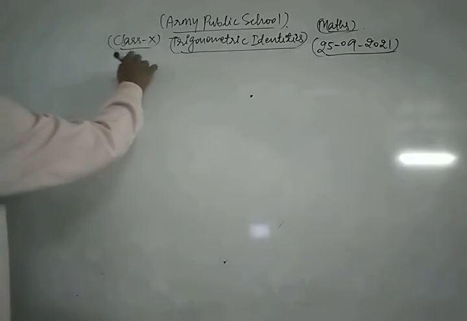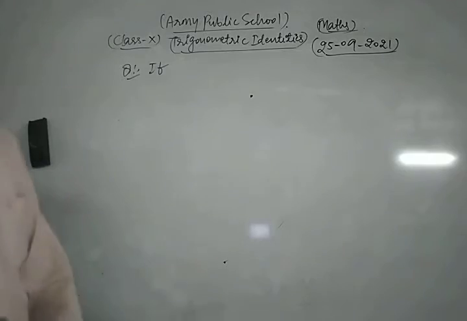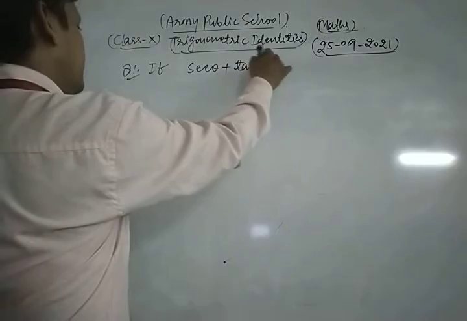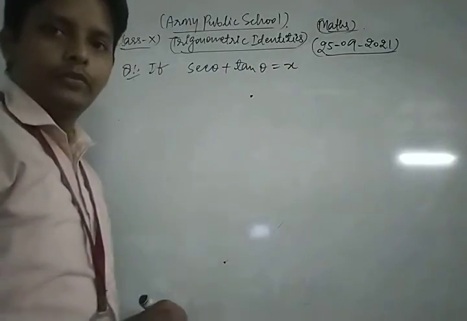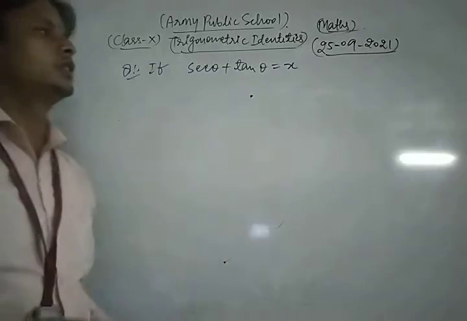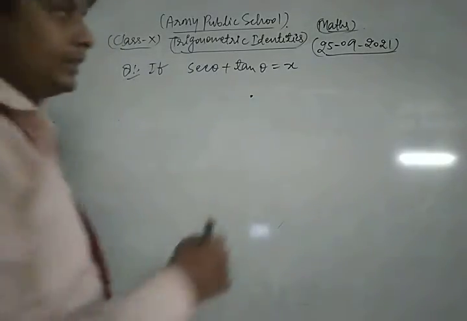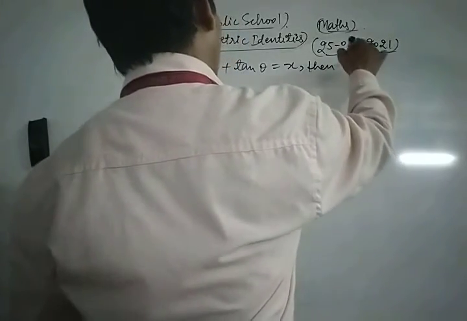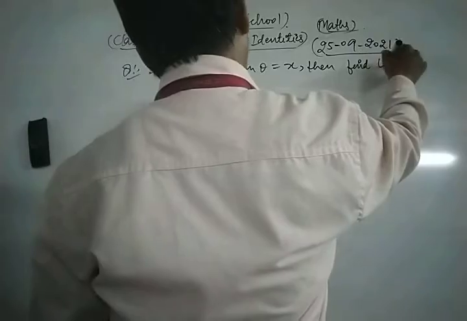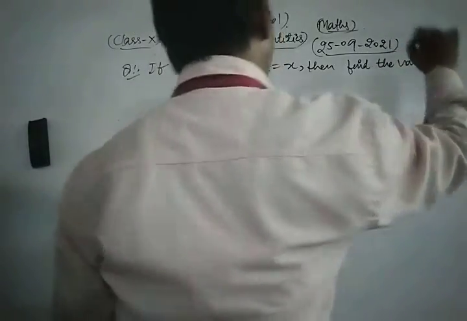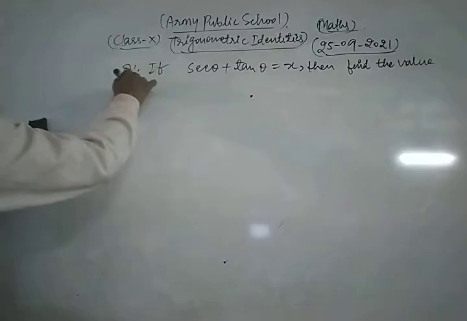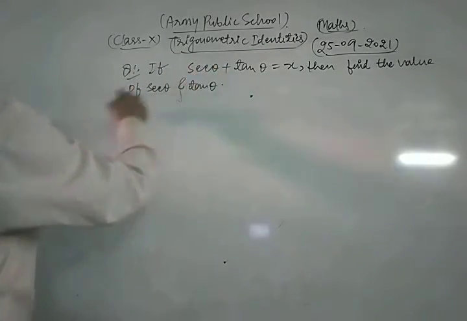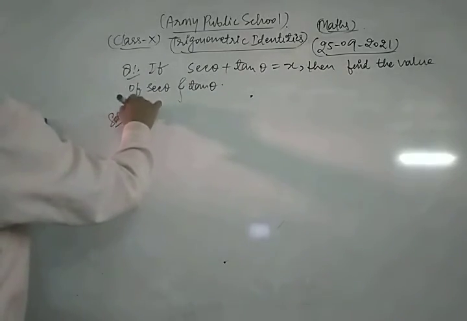Your question is, if sec θ + tan θ is equal to x, then find the value of sec θ and tan θ. Now let's see its solution.